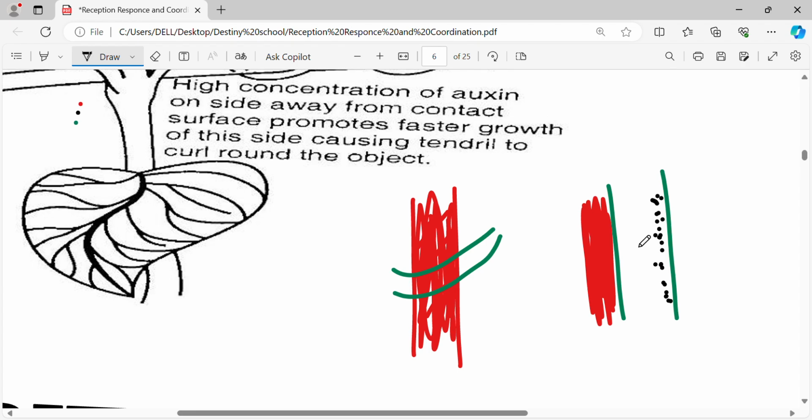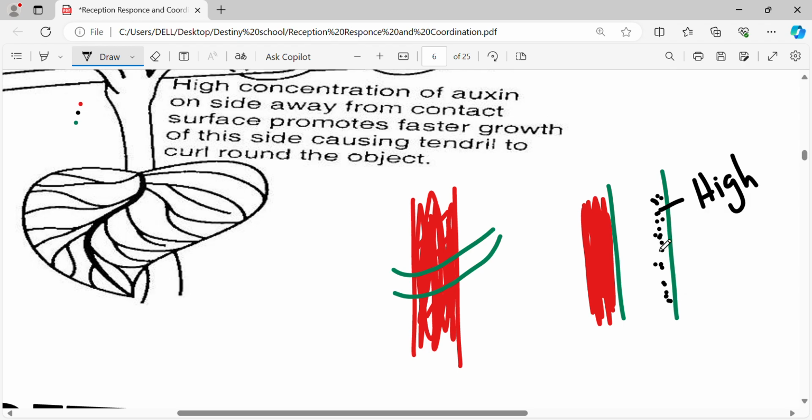So auxins are sensitive to contact. Upon contact, they migrate away from contact, to the other side. Now, there's a high concentration of auxins on the side away from contact.